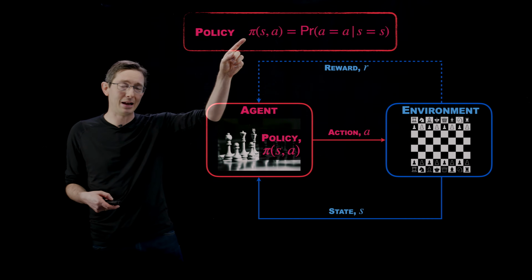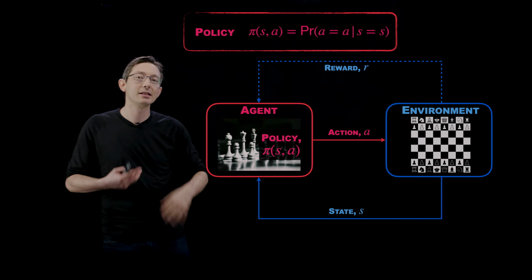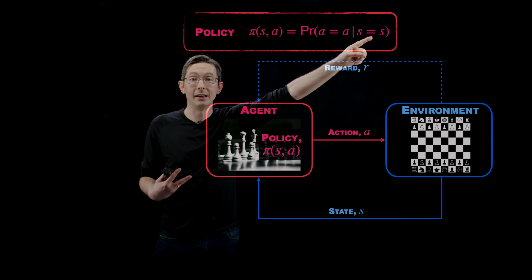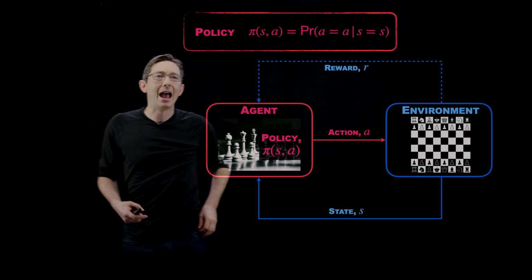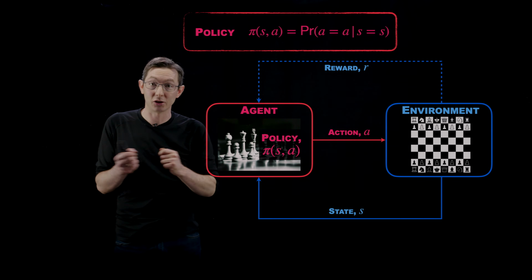Okay, so my policy pi, given a state and an action, basically it tells me what is my probability of taking action A given that I'm currently in state S. And again, this is probabilistic because I might decide on playing a mixed strategy.